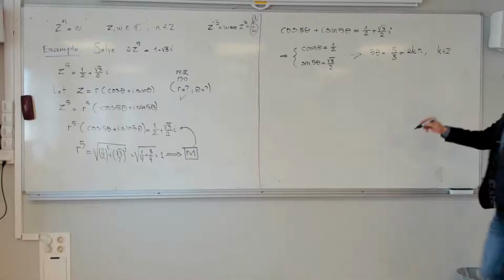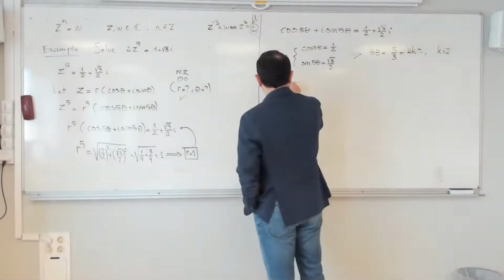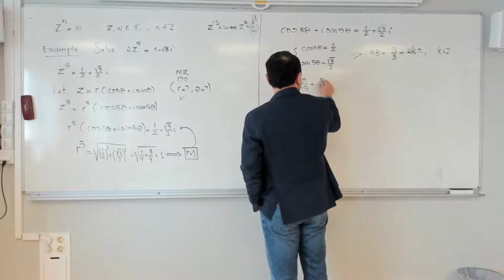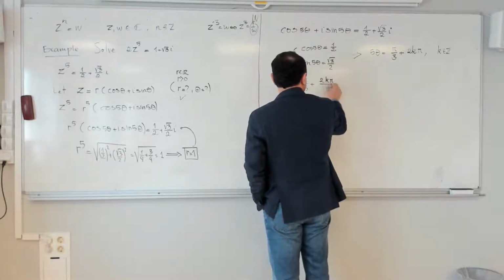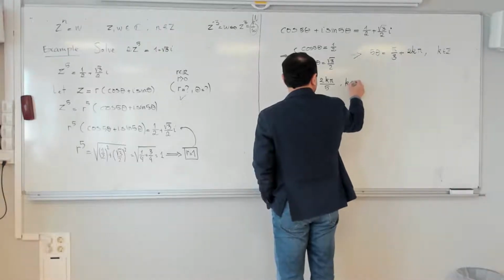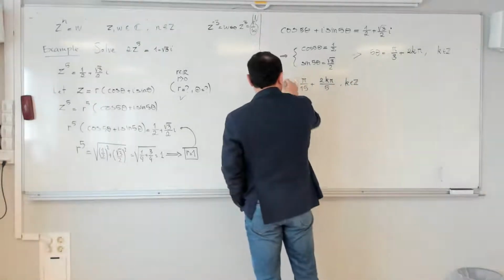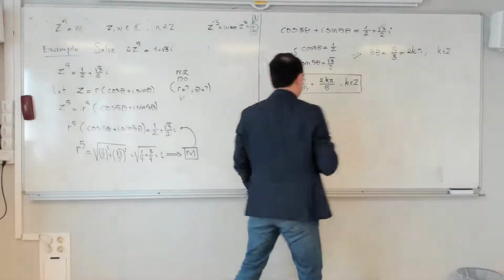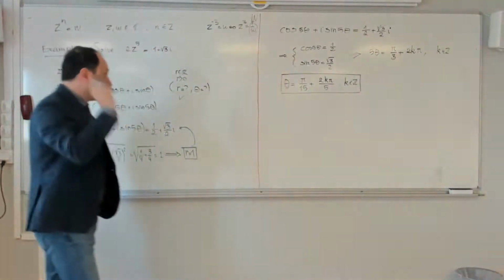But I am looking for theta. So theta becomes what? It is 5 pi over 15 plus 2k pi divided by 5. In principle, how many answers did I get for theta? Infinitely many answers. Okay?